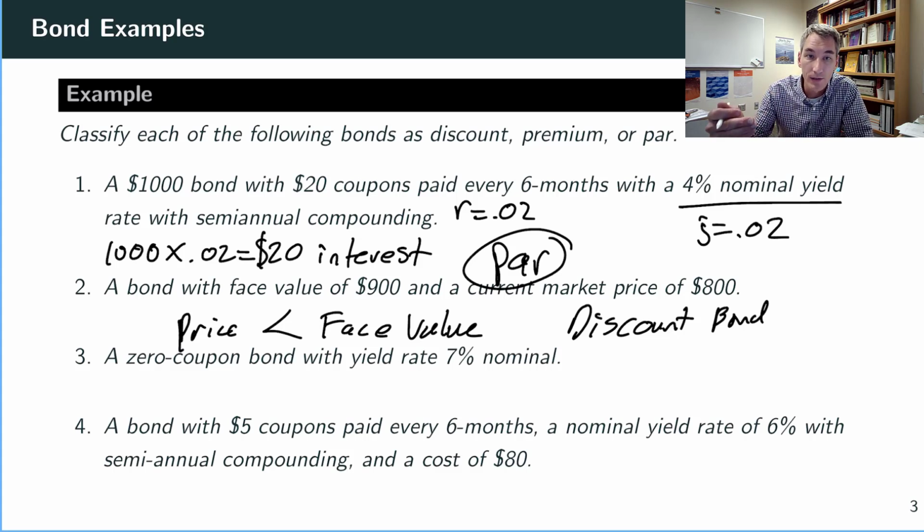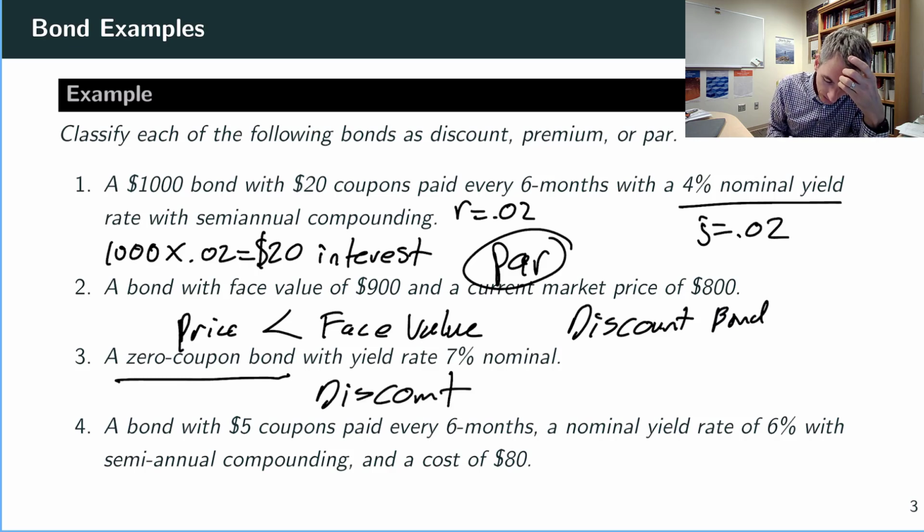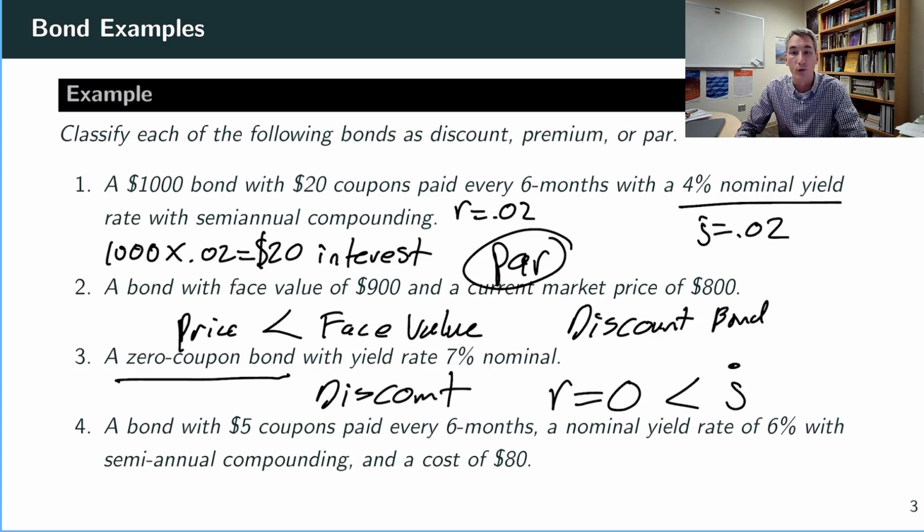Remember, a par bond will price out equal to its face value. So if this is pricing out lower than its face value, it must be a discount bond. A zero coupon bond. Well, if there's no coupons, that's discount. If the coupon rate is 0, that's certainly less than the yield rate. So that means it's a discount bond, right? If the coupon rate is less than the yield rate, it's a discount bond.